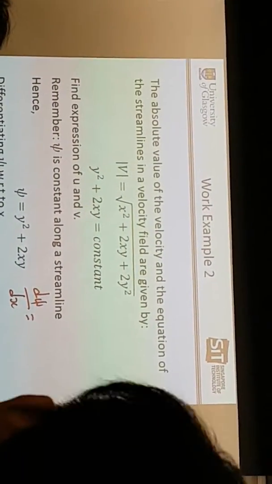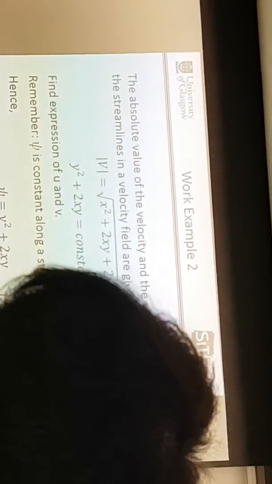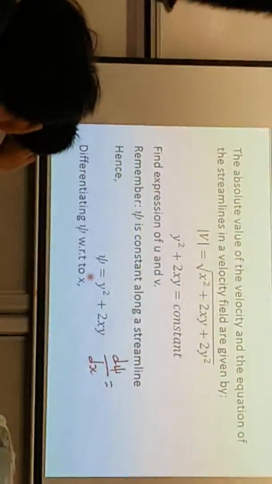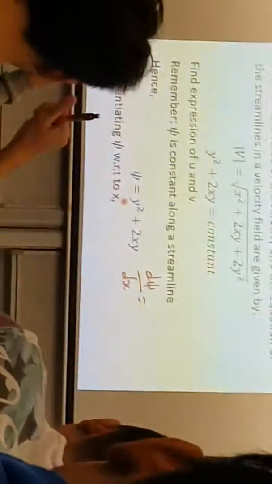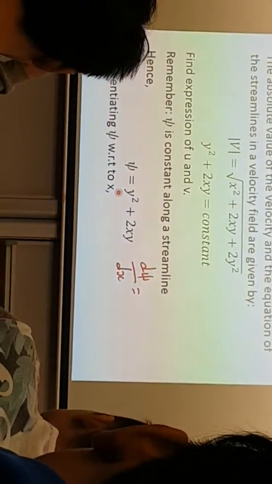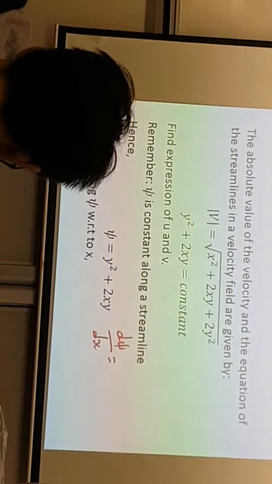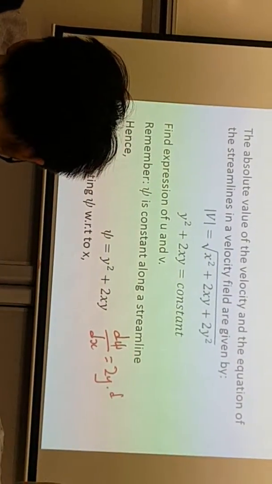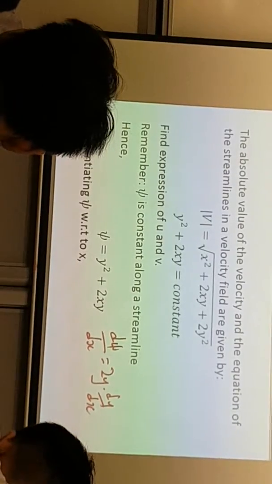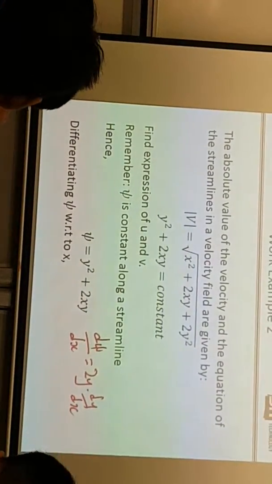So what do we have here? If you differentiate, this term here is your y squared. Does it have any x value? No, but you use the chain rule. So in a sense, we can still differentiate this, so we get 2y, but we must do a dy/dx here.